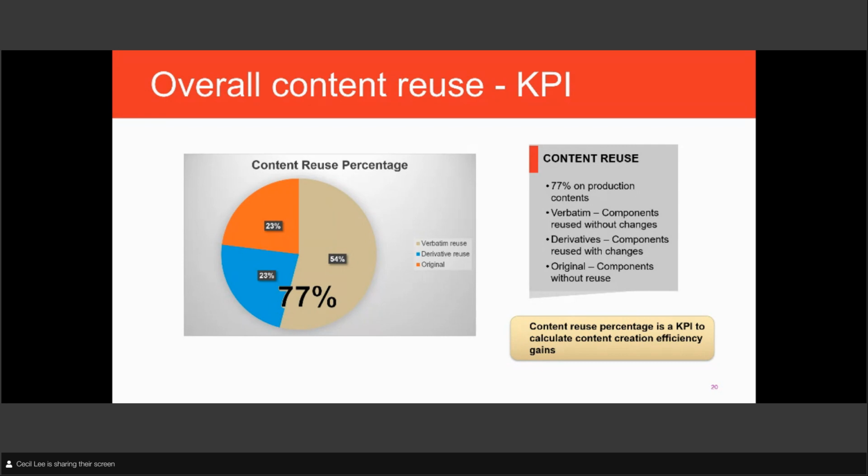One thing I can share is that our organization has not increased any headcount of authors, but the company was able to launch a whole lot more products. The actual products have expanded significantly, but we have not increased any headcount. So this has to be a very efficient way of creating content, or else we would not be able to do that.